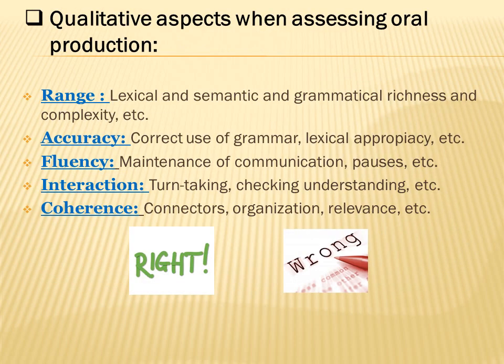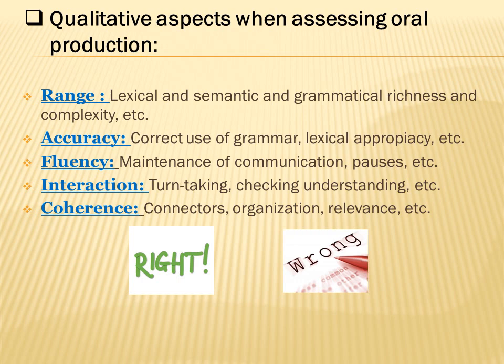Now we're going to talk about quality aspects when assessing oral production, which are very, very important. We need to take into account the range: lexical, semantic and grammatical richness and complexity, and the accuracy of our students, I mean, when they have a correct use of grammar or lexical proficiency.